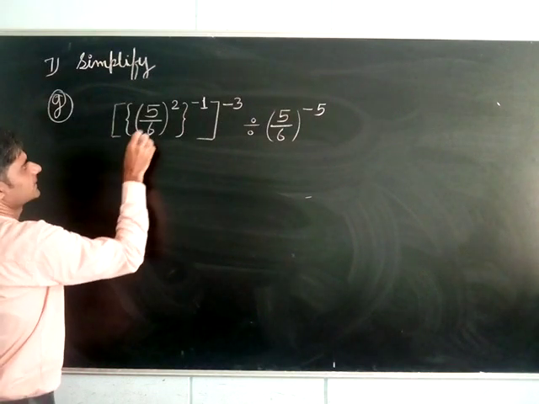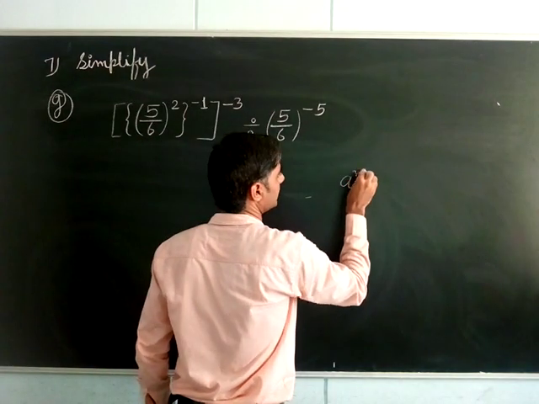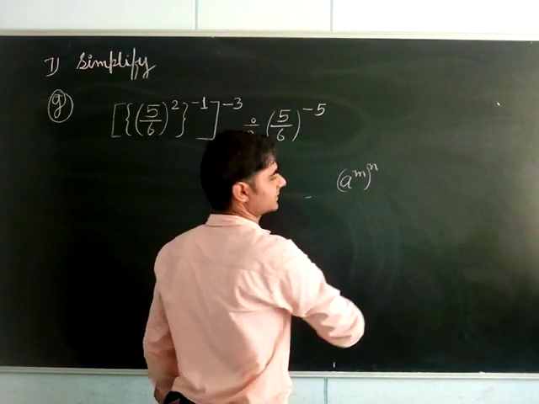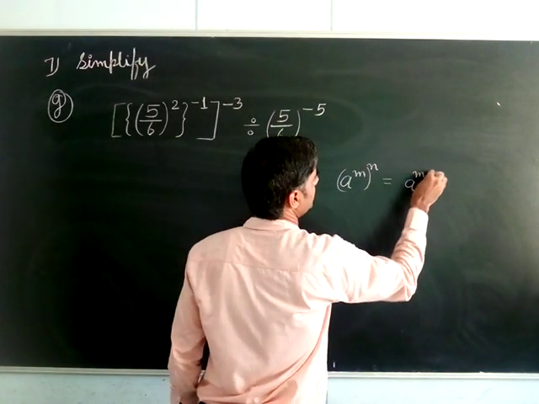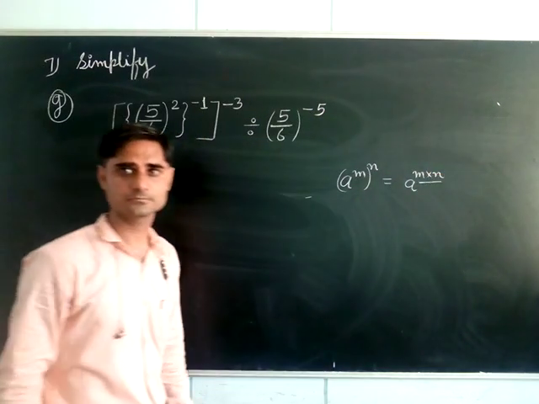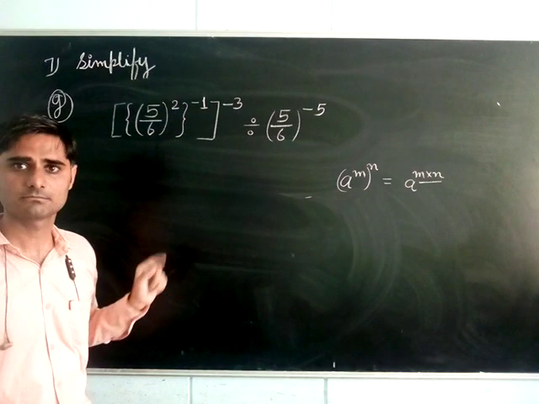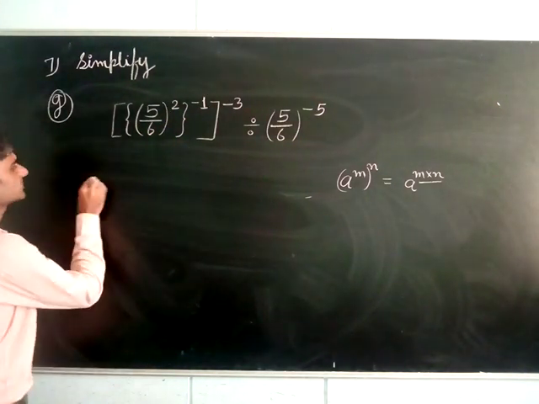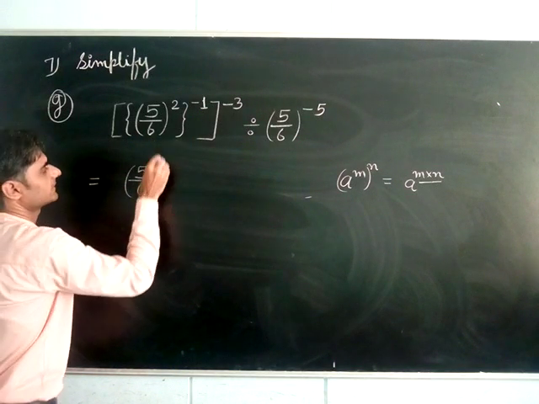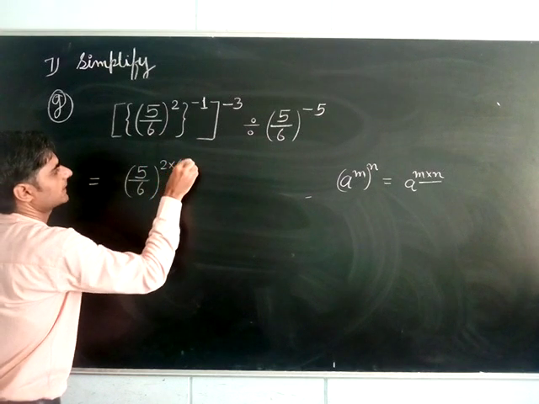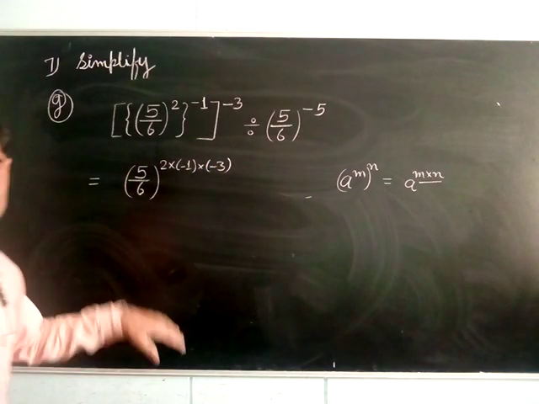See, we have one law of exponents: (a^m)^n, on power is there, you can write a^(m×n), right? So this is power on power. So can you write this one equal to (5/6) to the power 2 multiplied by minus 1 multiplied by minus 3.